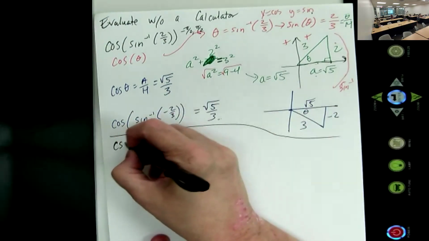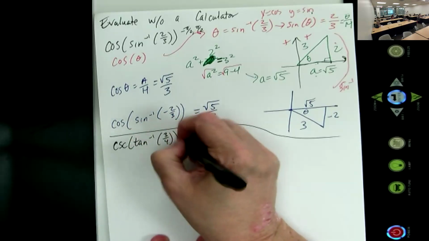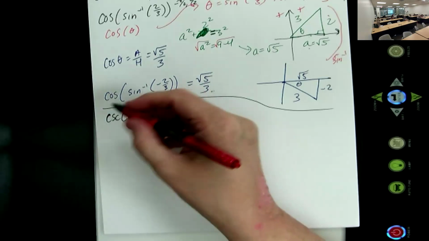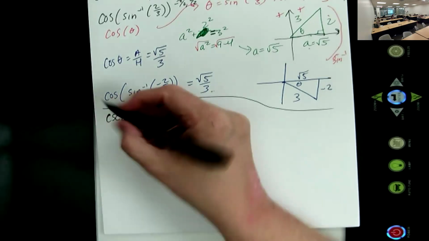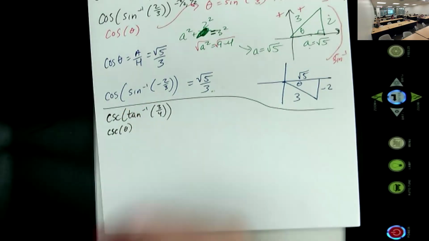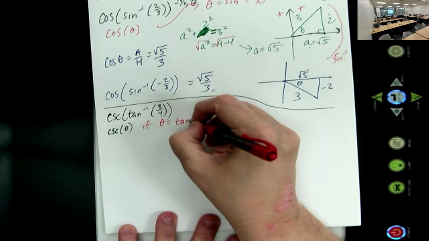Let's do cosecant of tangent inverse of 3/4. So this is like doing cosecant theta, if theta equals tangent inverse of 3/4.